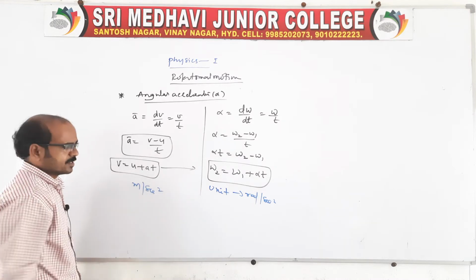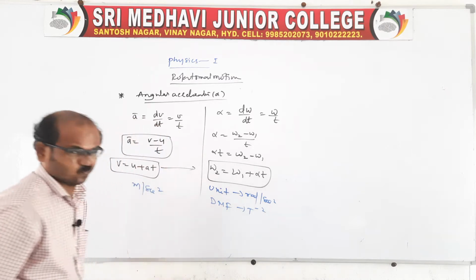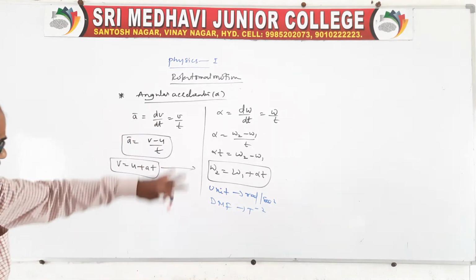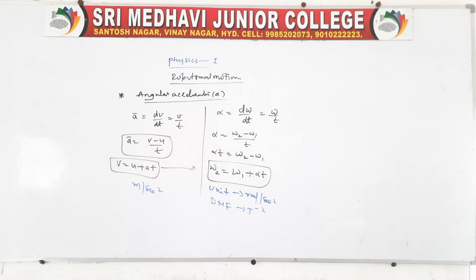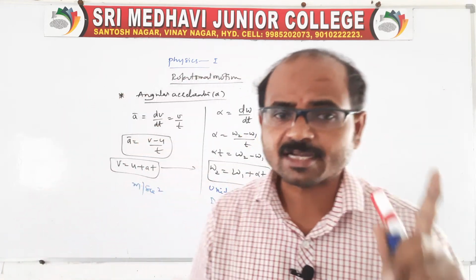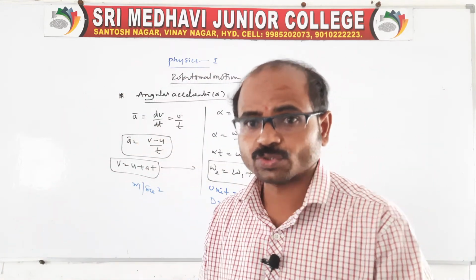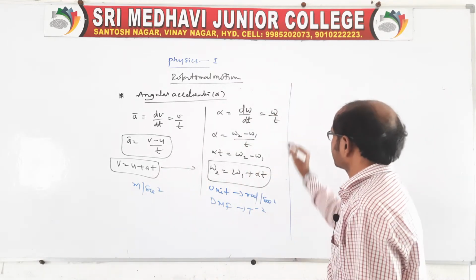The dimensional formula will be T power minus 2. So like this we have the statements related to rotatory motion, or we can say circular motion. These are very important statements, and you refer to the previous chapter, circular motion, and go through it there.